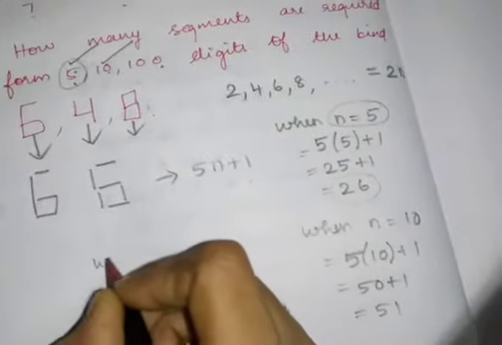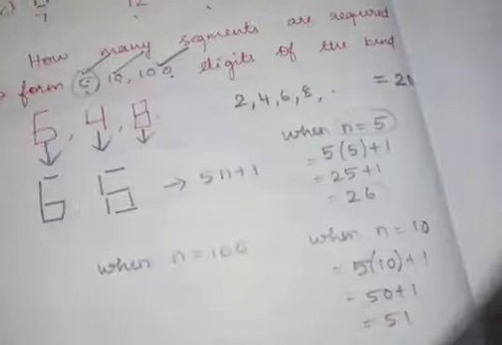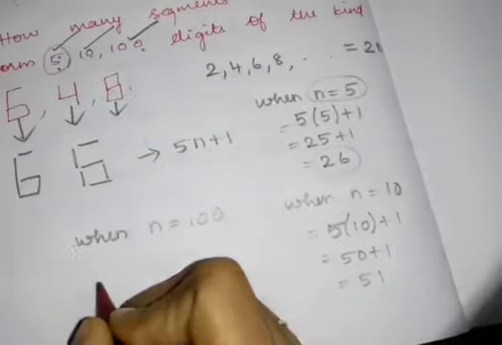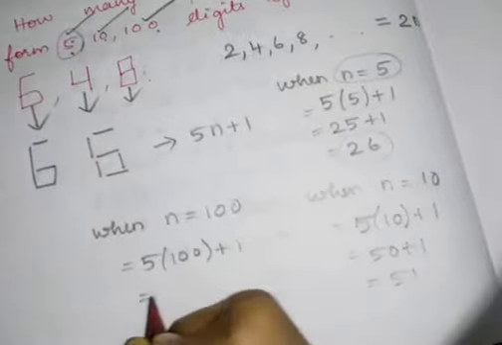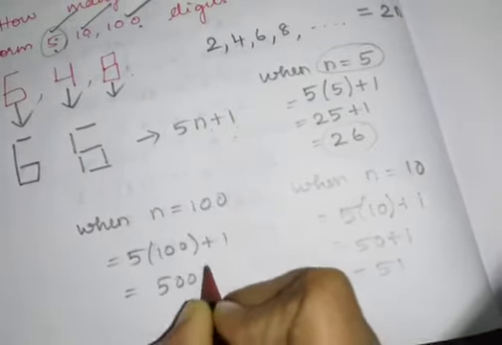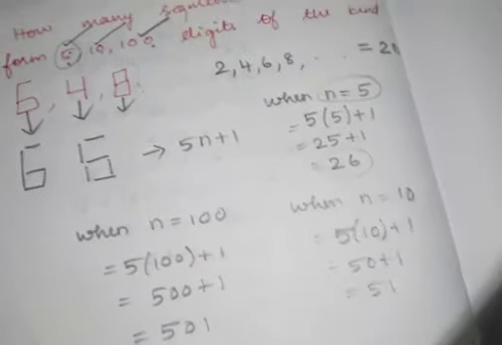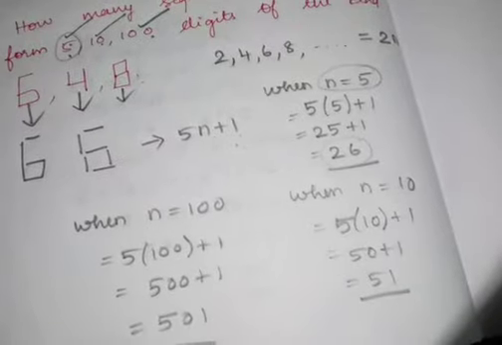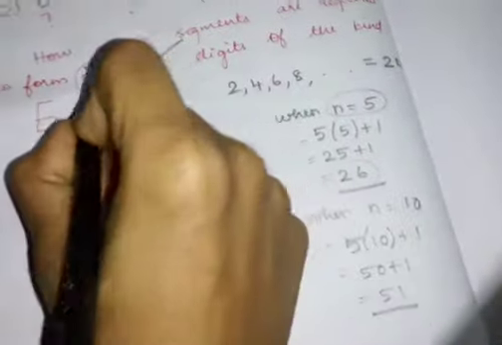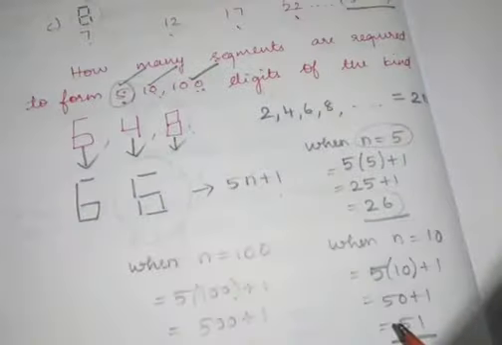Next, when n is equal to 100, 5 into 100 plus 1. 5 into 100 is 500, plus 1. 500 plus 1 is 501. So 26, 51, 501 are the values when n is equal to 5, 10, 100 for the number 6.